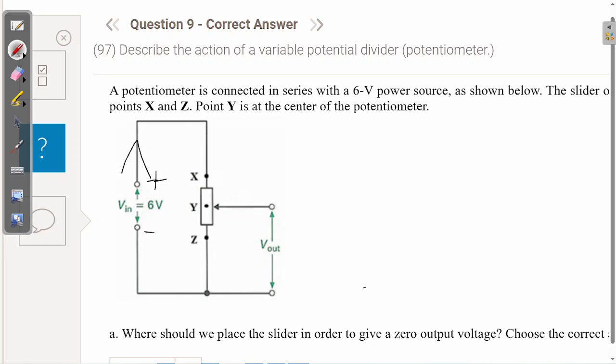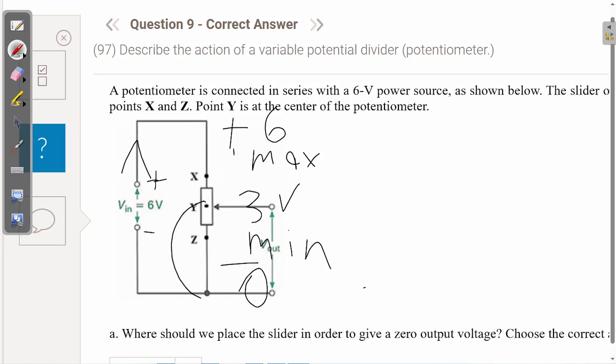Okay, so whenever the current goes up, we say that this is the positive terminal and this is the negative terminal. Basically, at the positive terminal you have the maximum, and at the negative you have the minimum. In the middle is just going to be half, so 3 volts. You can also imagine it as the positive will be like 6 and the bottom is going to be 0.